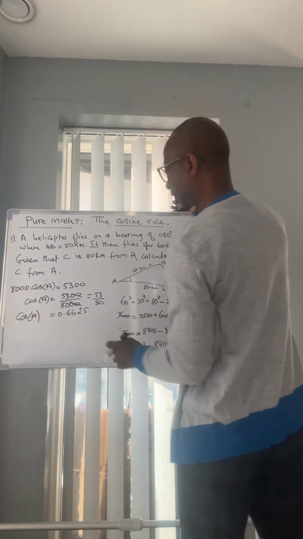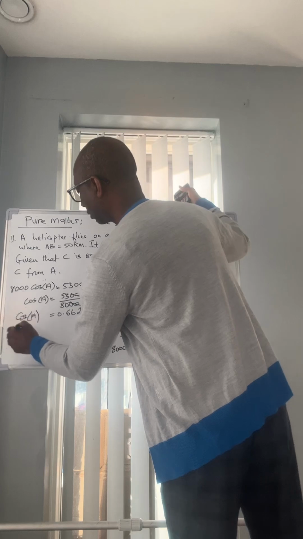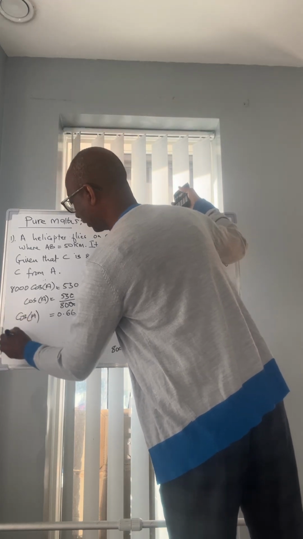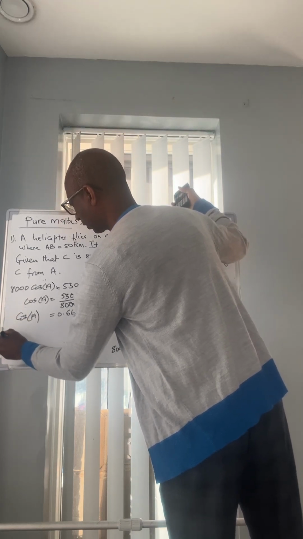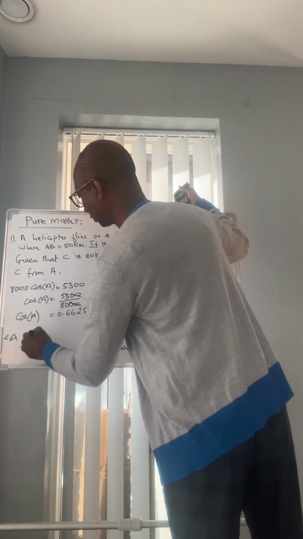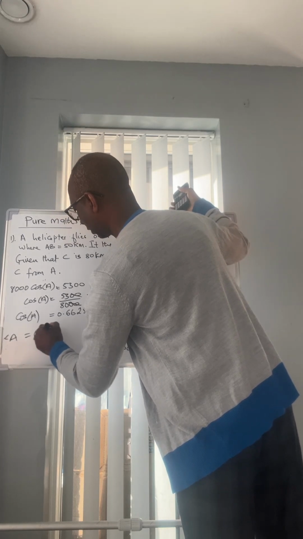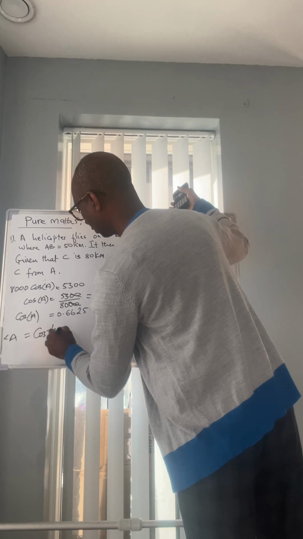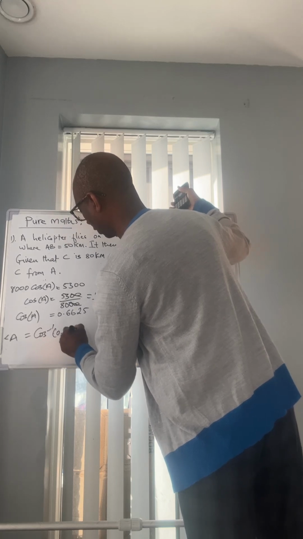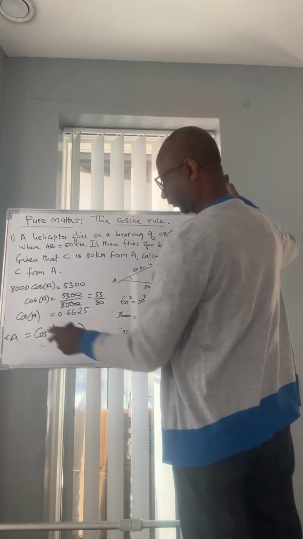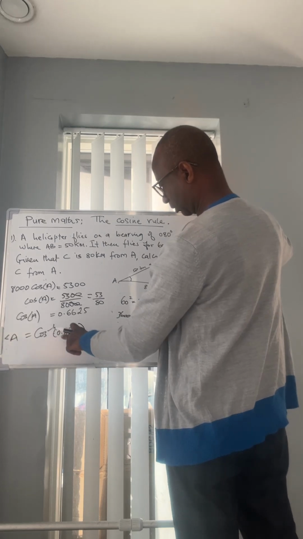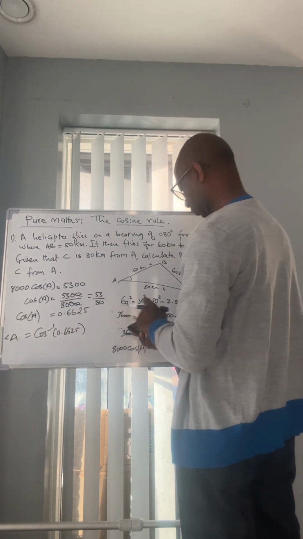We are looking for an angle, not cosine. So to find angle A, this will give us the arc cosine of 0.6625.